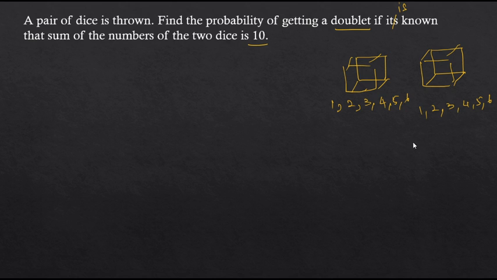You have die 1 and die 2, so you can have 1, 2, 3, 4, 5, 6, and similarly 1, 2, 3, 4, 5, 6.